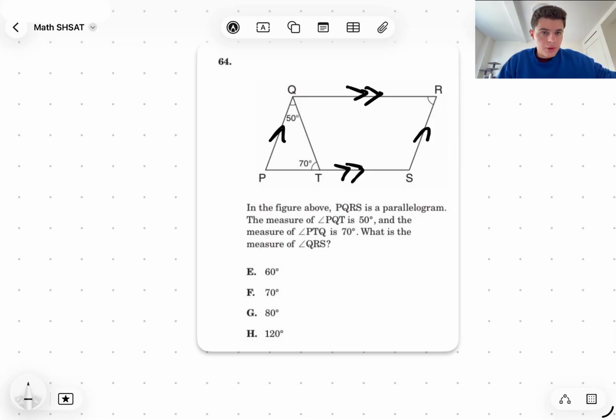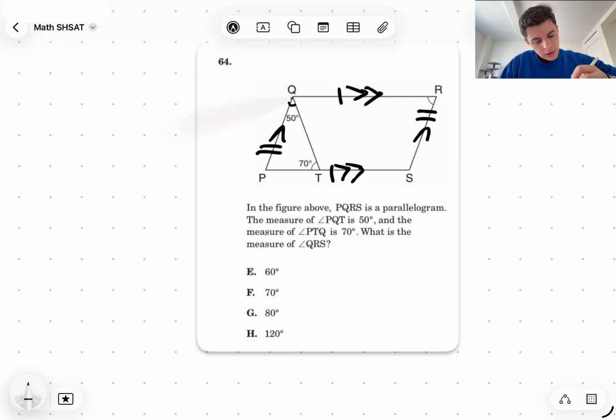We know that opposite angles are equal, but in case you don't know that, I will show you how you would get to that. We also know that this side is equal to that side and that this side is equal to that side. Using this, now they tell us the measure of PQT is 50 degrees, and the measure of PTQ is 70. What is the measure of QRS?